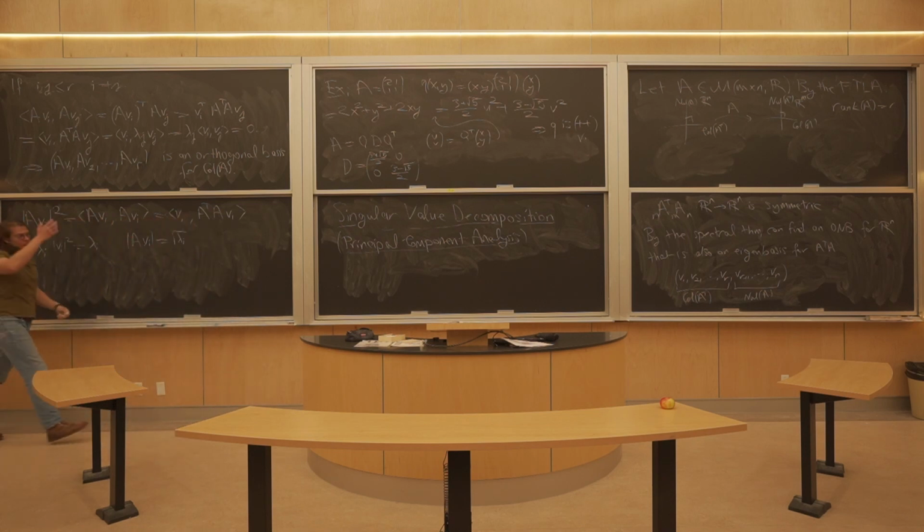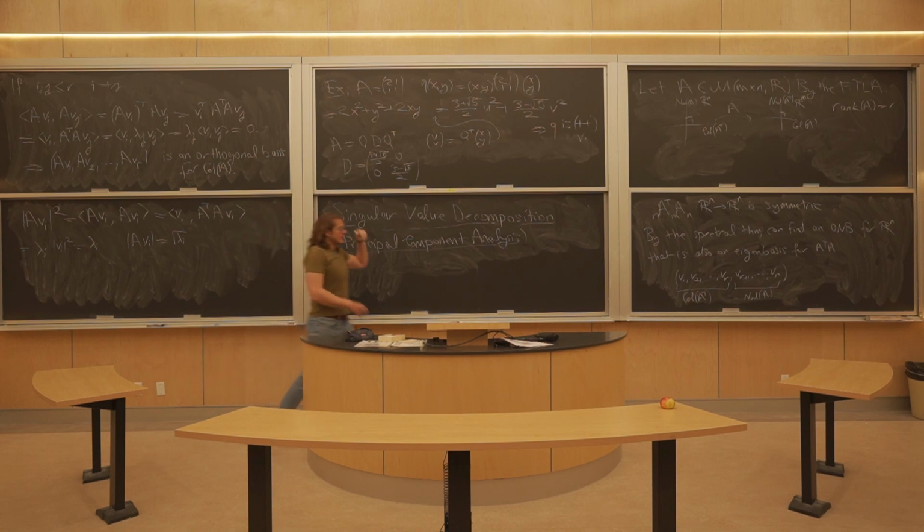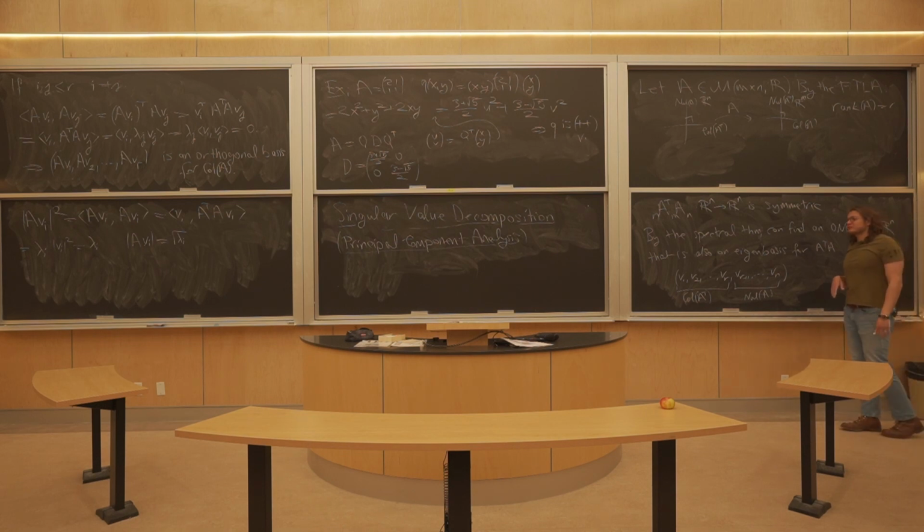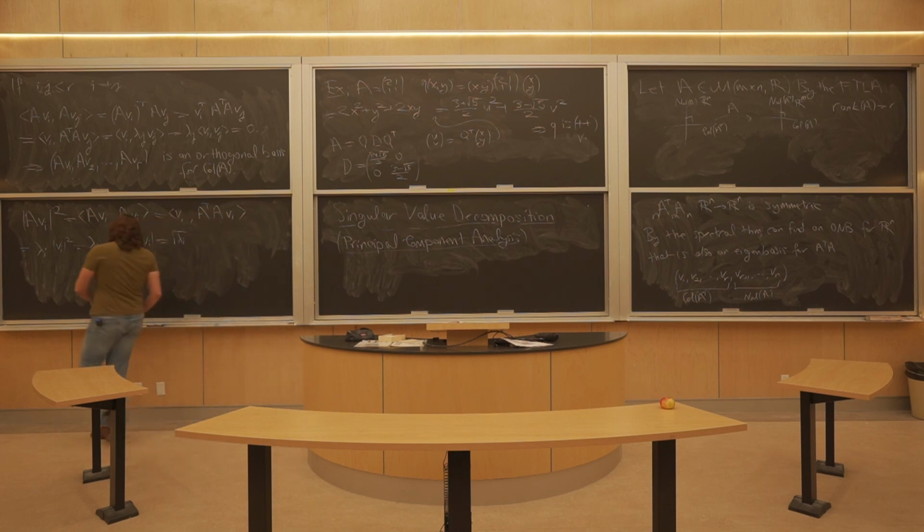Okay? And I should also mention that based on this idea that A transpose A corresponds to a certain positive definite quadratic form, all of the eigenvalues of A transpose A are going to be positive. So this square root makes perfect sense. Okay?